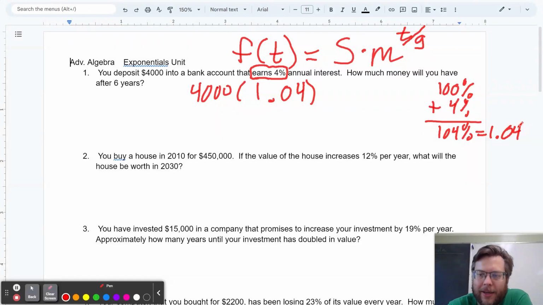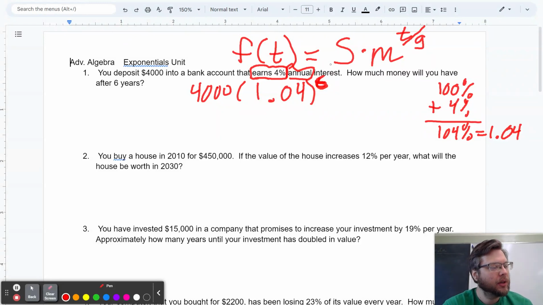That's why I got my M of 1.04. And then my T value goes right up here. I don't have any gap because it does that annually, every year. How much will I have after 6 years means I just replace the letter T with 6, type that into the calculator, and whatever pops up is the answer. It doesn't really matter so much what the answer is; the setup is the important part.